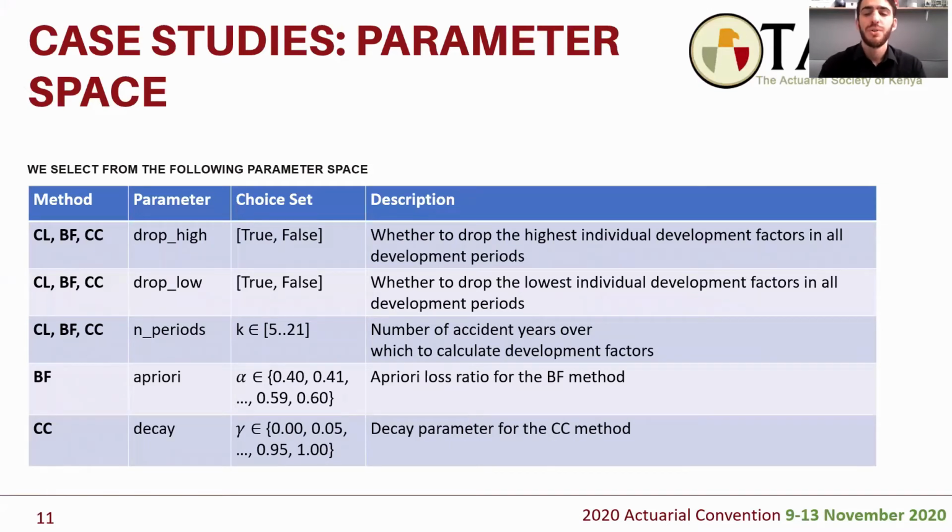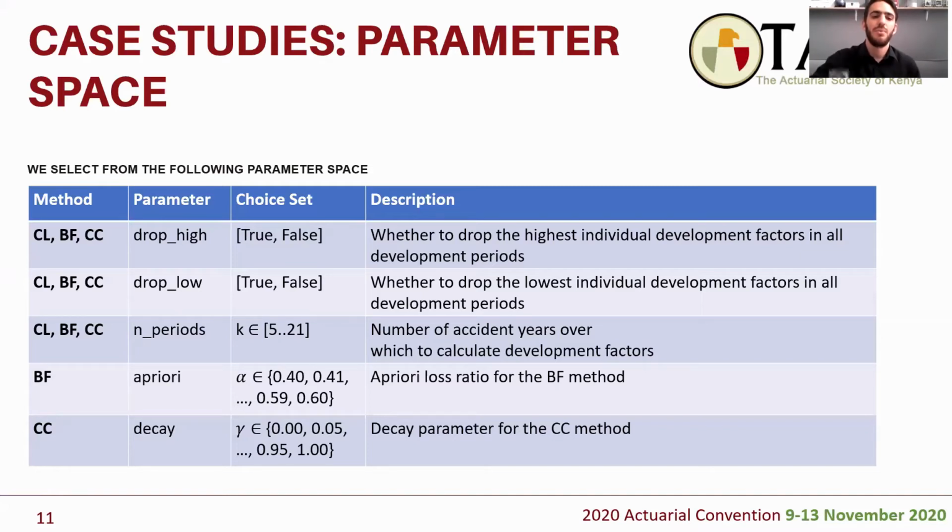So across all our case studies in the paper, we selected from a parameter space which will look very similar to what we see on screen now. So they're not all the same, but they would all look very similar. For the first 3 rows, the parameters are the same across all methods, so across the chain ladder, the BF, and the Cape Cod. And these relate to how we calculate the loss development factors.